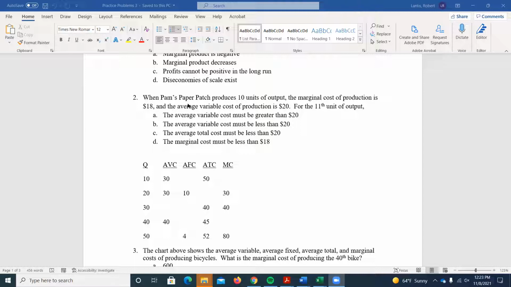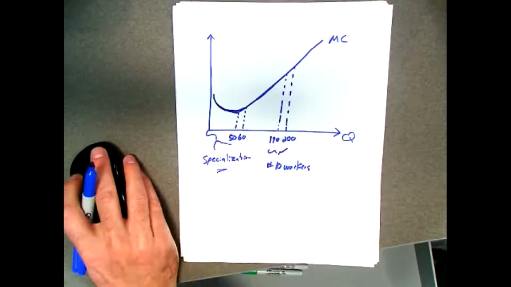Okay. So if at a certain quantity, we have the marginal cost and we have the average variable cost, right? Anytime you've got a problem, like almost every problem on this exam, you could draw out a picture.